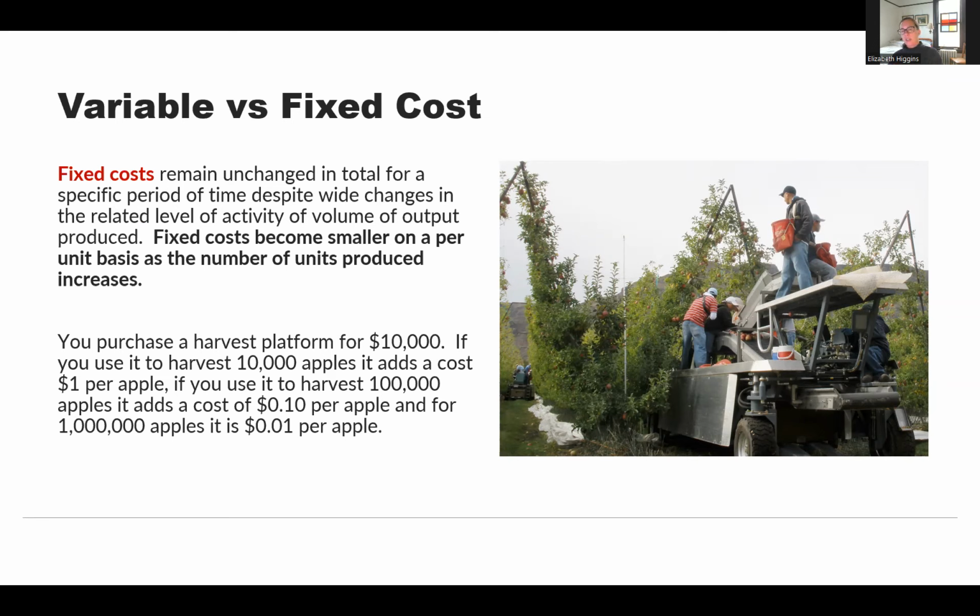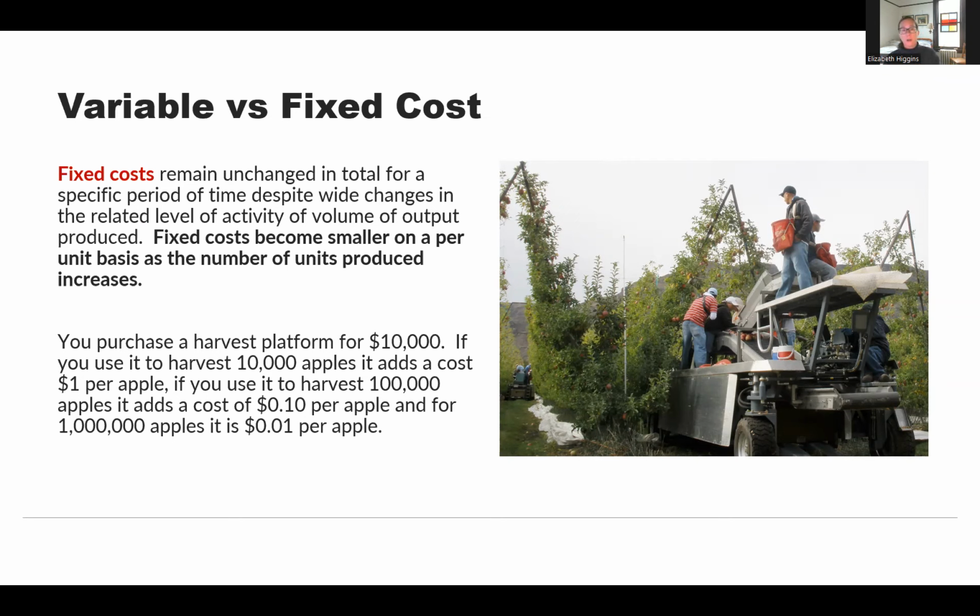So for example, with my example of bins as a variable cost, if you buy a certain number of bins, that could be considered a fixed cost. You've made that investment up front. If you only fill a tenth of them, that fixed cost is going to be more per unit of apples as compared to if you use all of the bins.